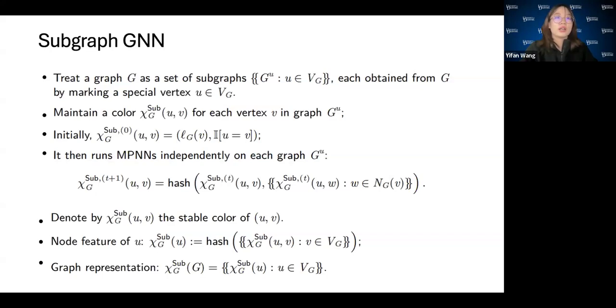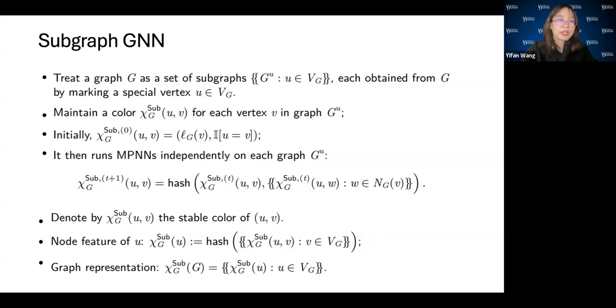So then we move to the next graph neural network, the subgraph graph neural network. This is an extension of the traditional message passing graph neural network that treats each node in a graph as a special vertex, and considers the subgraphs around that node. And here is how it works.